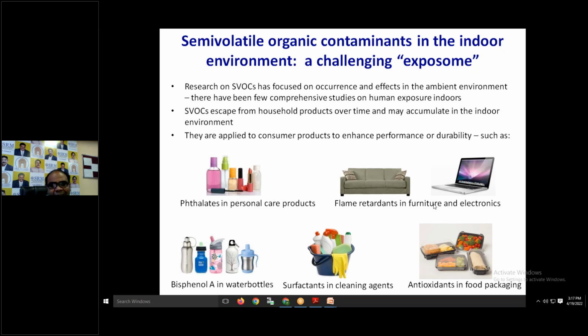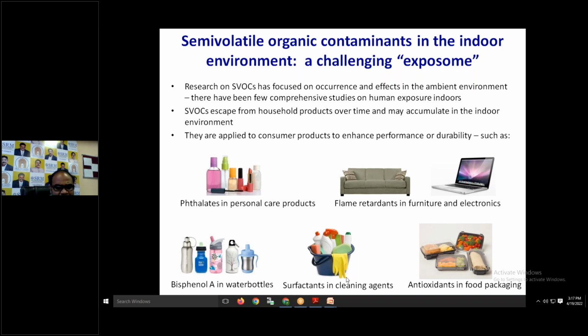Some of the flame retardants in furniture and electronics. Some electronic products are available, as you can see here, and some of your home appliances are there. So in that we are using this flame retardant for inflammations, right? So that is the reason why we are using it in that. Some kind of things like your bisphenol A in water bottles. Some of the water bottles, in that, one of the compounds, that is your bisphenol A, we are using.